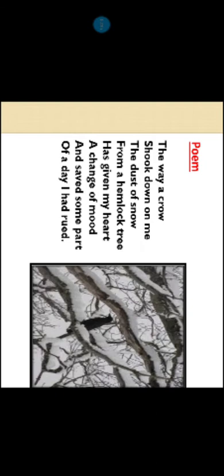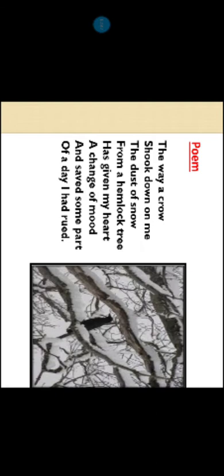I will tell you the story, then we'll go to the text lines. As I said, he's standing below a hemlock tree. Suddenly the crow is flying, flapping its wings, and the snow on the hemlock tree falls on the poet.